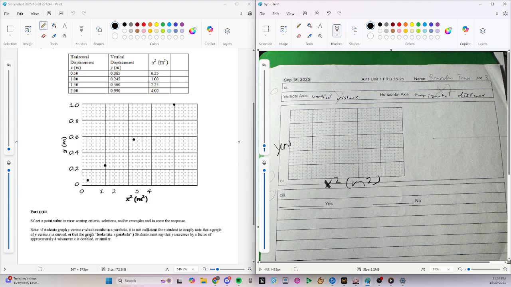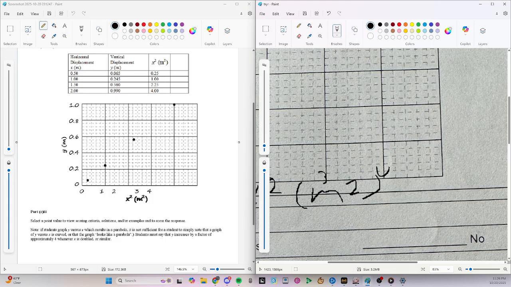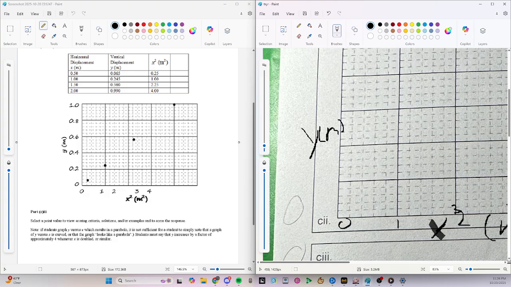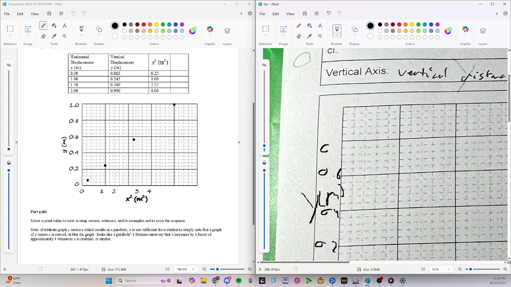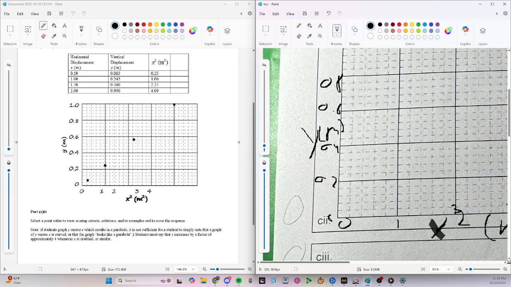The best way to do it is just 0, 1, 2, 3, 4, and then going up we could just do 0, 0.2, 0.4, 0.6, 0.8, then 1. And then we just need to plot our points.